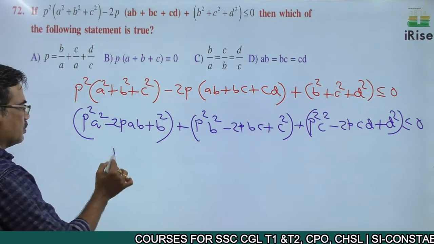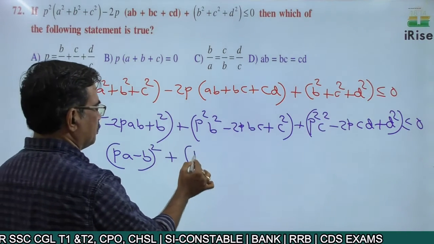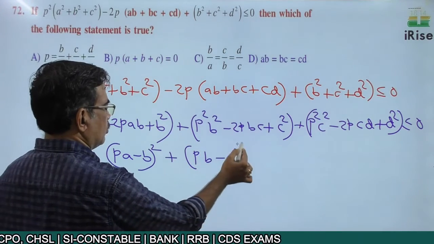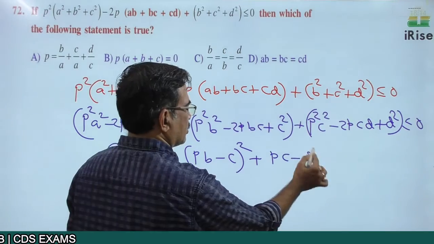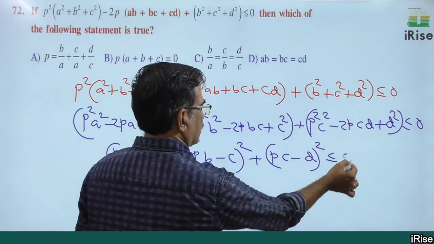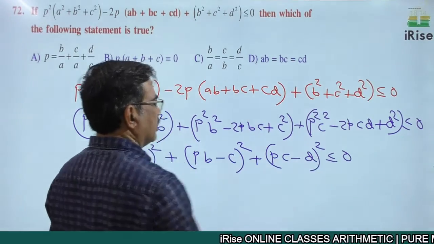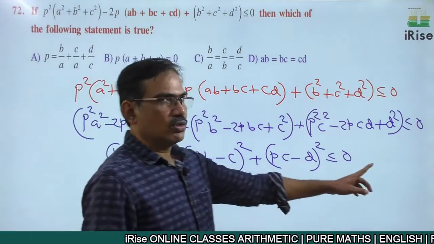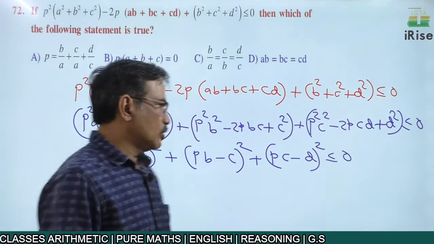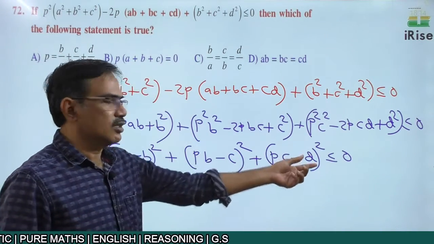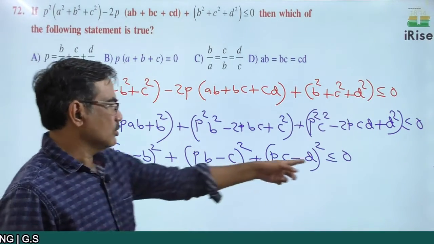This can be written as (pa minus b) whole square plus (pb minus c) whole square plus (pc minus d) whole square less than or equal to 0. Here, a very important thing: less than 0 is impossible, so it must be equal to 0, because the sum of the squares of the terms has a minimum value of 0.